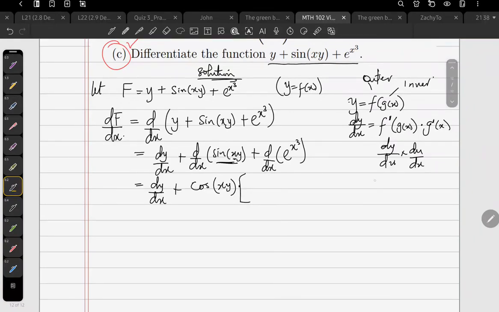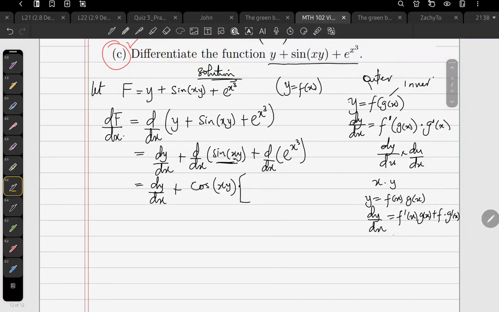So the inner function is the product of x and y, because y is a function of x. So we have to use the product rule here. Now what does the product rule say? If we have y equals f of x times g of x, then dy/dx is equal to f prime of x times g of x plus f of x times g prime of x. That's the product rule.